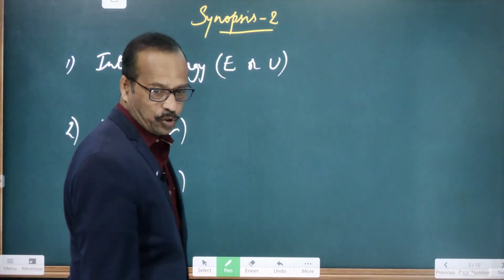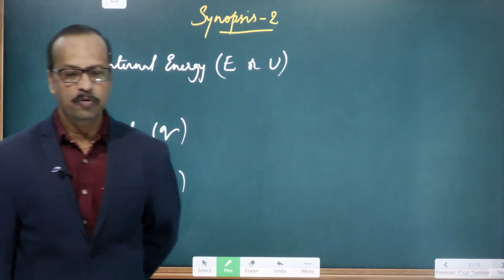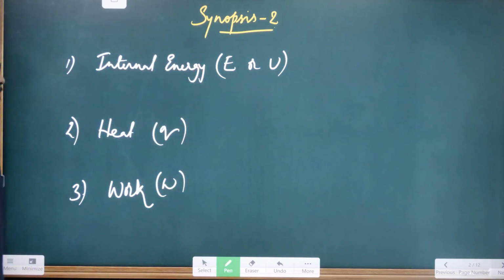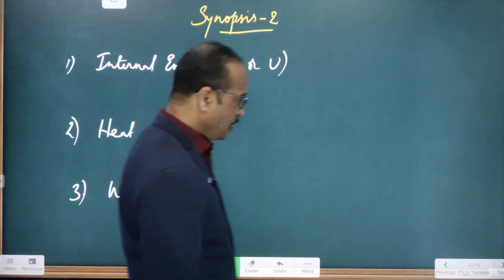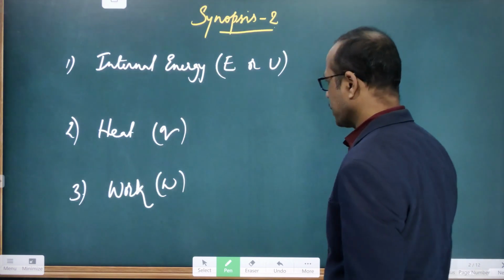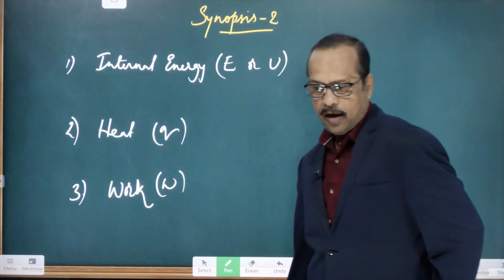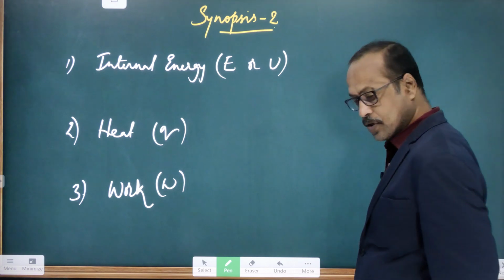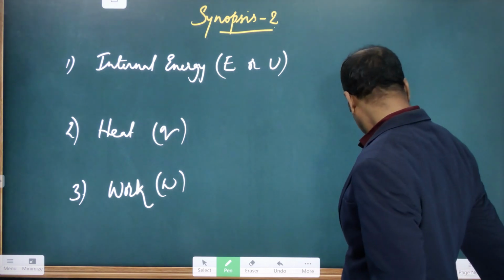in this synopsis 2 we were discussing internal energy, heat, and work done. These are the important terms we discussed, and along with that we discussed the zeroth law and first law.